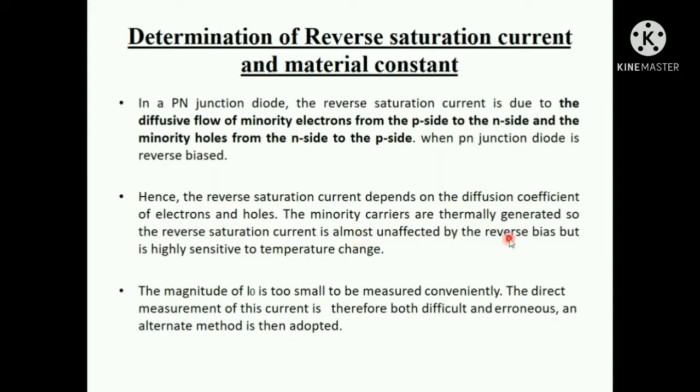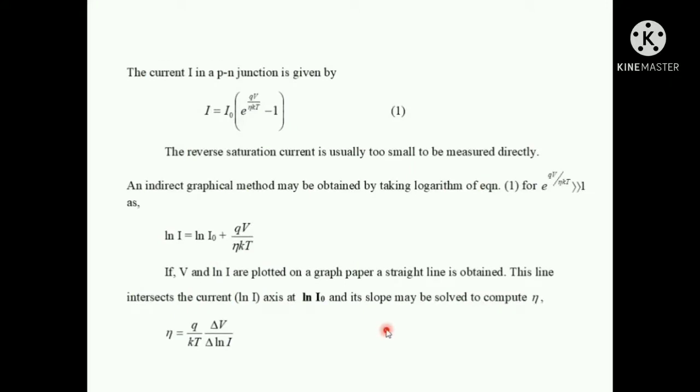The magnitude of reverse saturation current I naught is too small to be measured conveniently. The direct measurement of this current is therefore difficult, as it may cause errors also. So an alternative method is adopted.